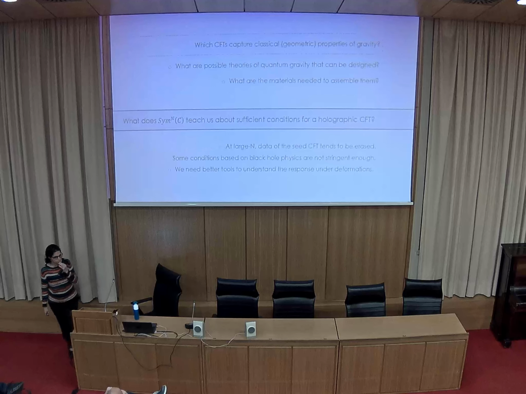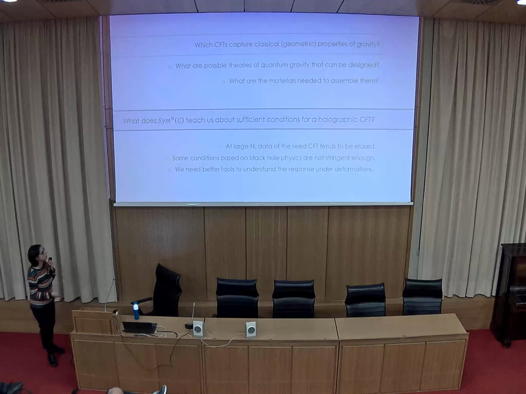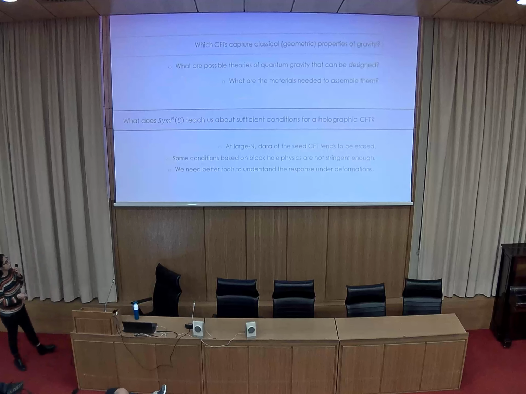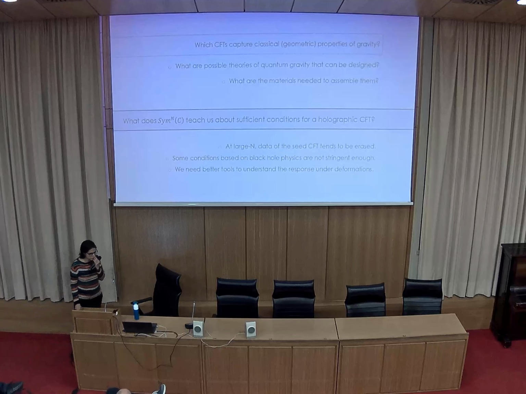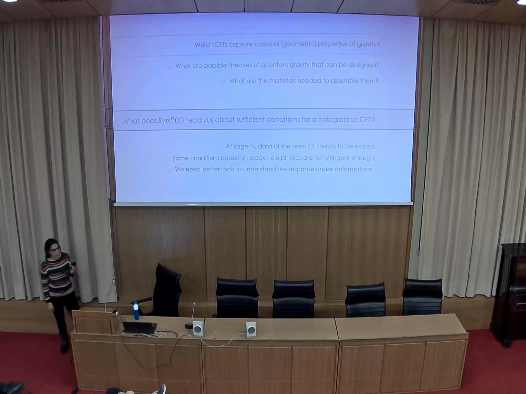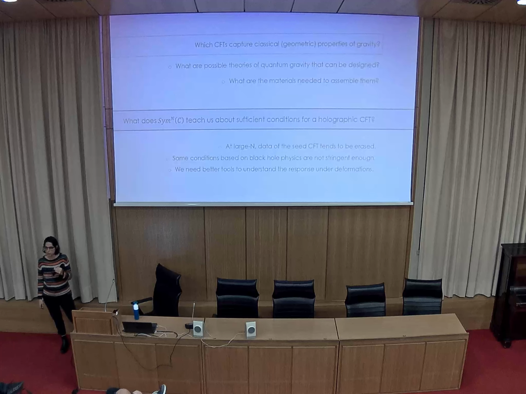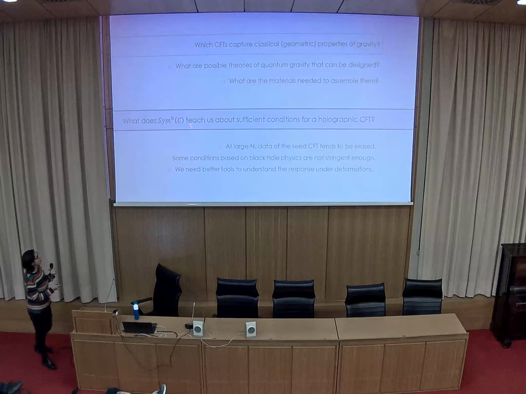Basically, my big question here, what I was starting with, was which classes of CFTs could capture classical and geometrical properties. I think, again, it's a difficult question, but with all the experience that we have on AdS/CFT and all that we have done, I think we are in the right setup to push this further.